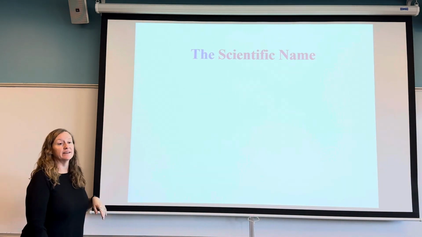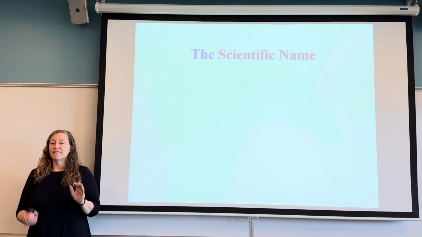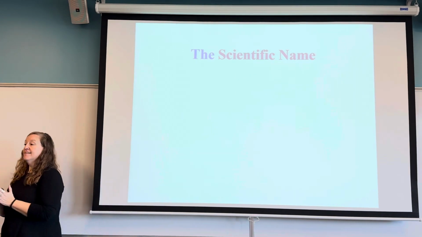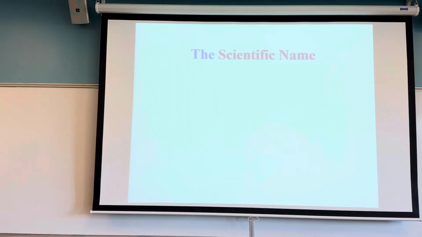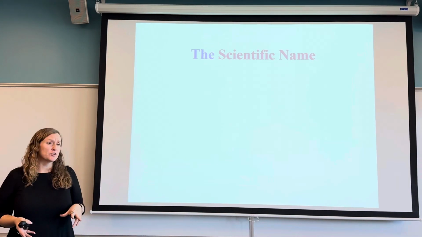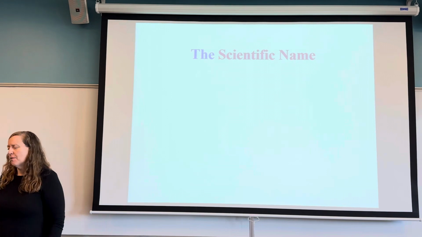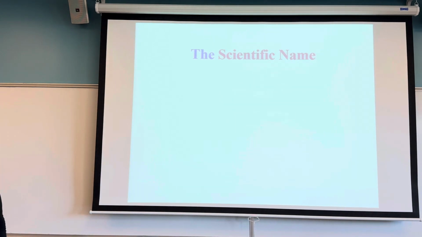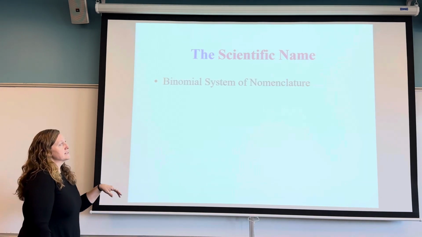Carolus Linnaeus said, hey, we should have this naming system, the taxonomy, be really organized. We should put organisms into clades or groups, so that when scientists are communicating about something, they're not wasting time trying to figure out that they have been talking about the same thing this whole time. So we could just say a scientific name.